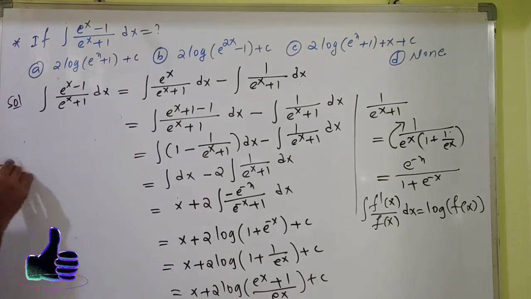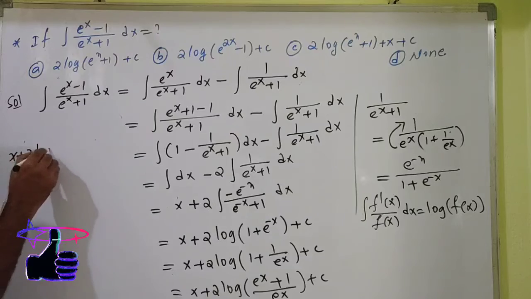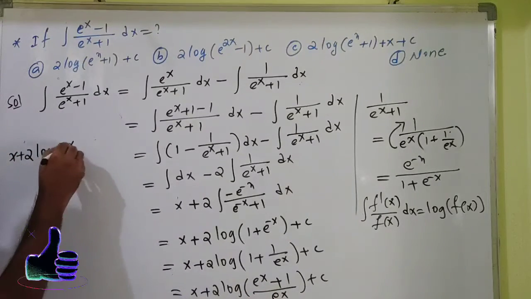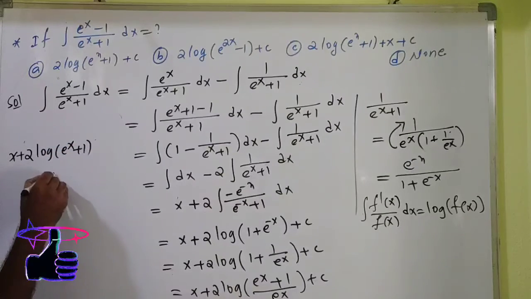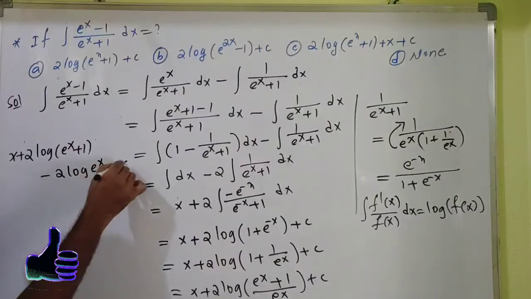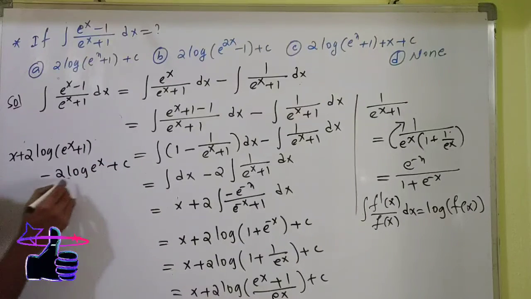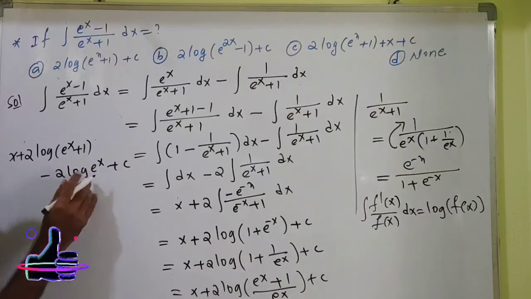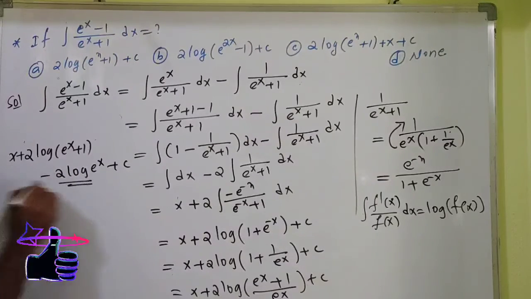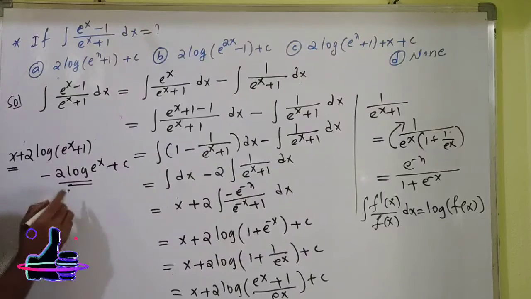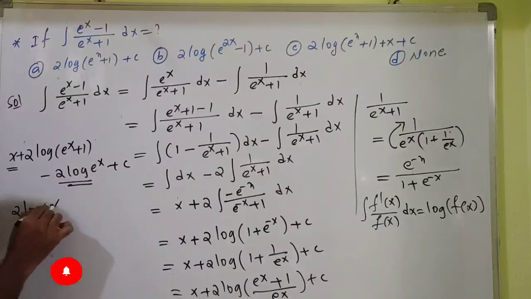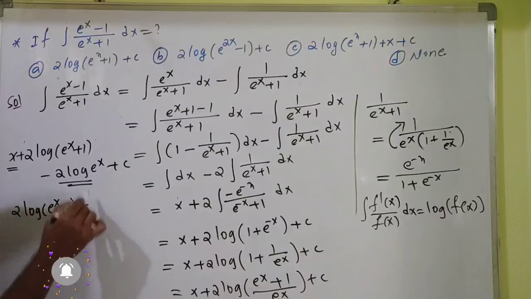Now x plus 2 log of (e^x plus 1) by e^x, plus c. Next, using the log a by b method, we get x plus 2 log (e^x plus 1) minus 2 log e^x plus c. Now log e is 1, so it is 2x, and x minus 2x is minus x. So the answer is 2 log of (e^x plus 1) minus x plus c.